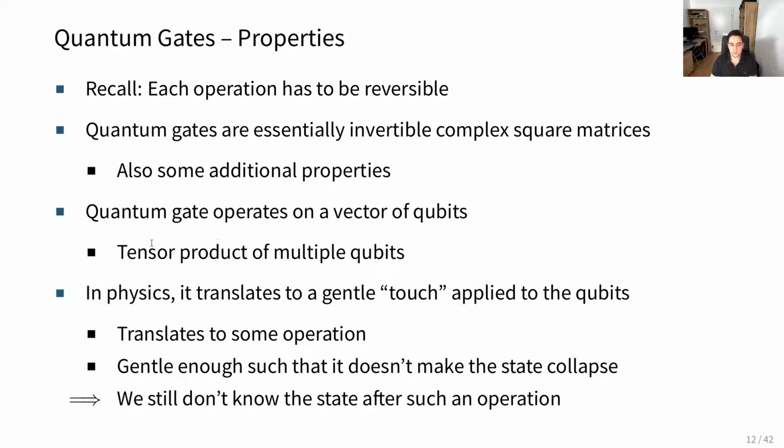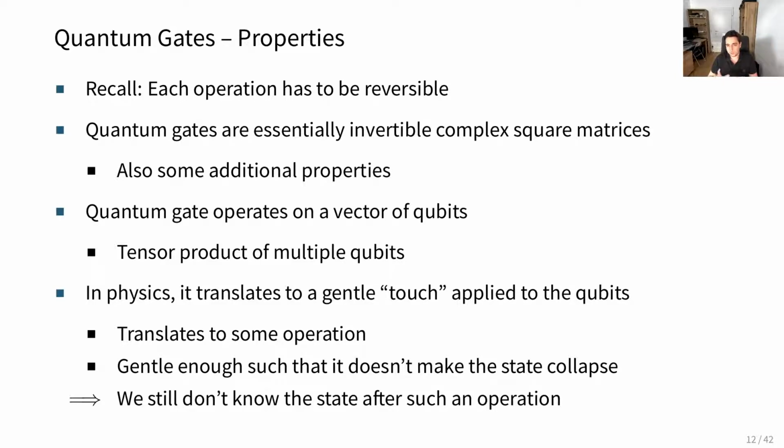But actually it operates on the tensor product of multiple qubits. So yeah, this is the matrix representation, of course, but in physics, so in an actual implementation of a quantum computer, this translates somehow to, and yeah, this is a simplification, of course, a gentle touch applied to the qubits.